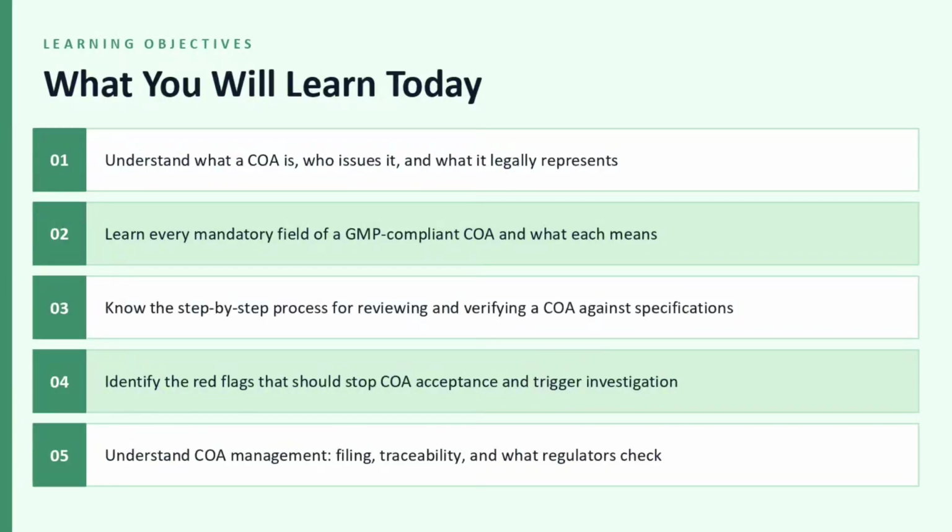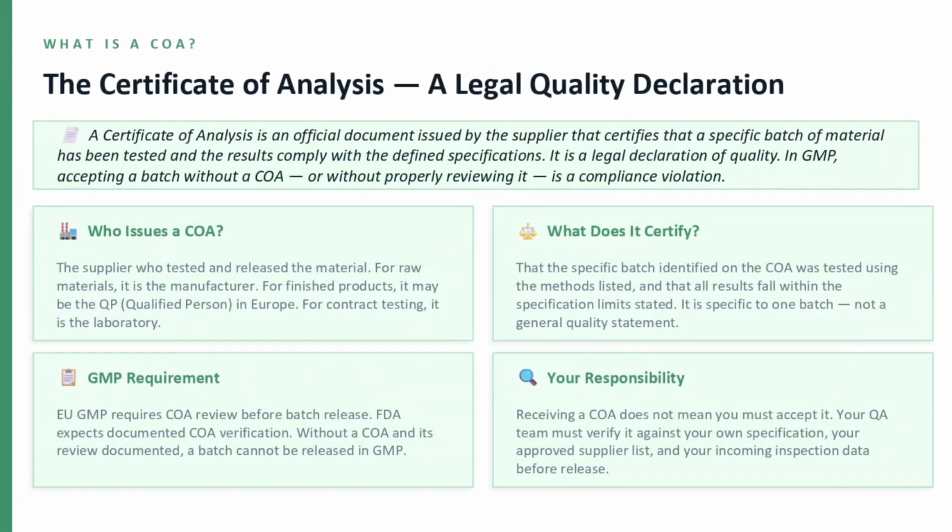Number 4, you will identify the red flags that should immediately stop COA acceptance and trigger an investigation. And number 5, you will understand COA management, including filing, traceability, and what inspectors check when they review your COA records. Let us start with the definition and what a COA actually represents.